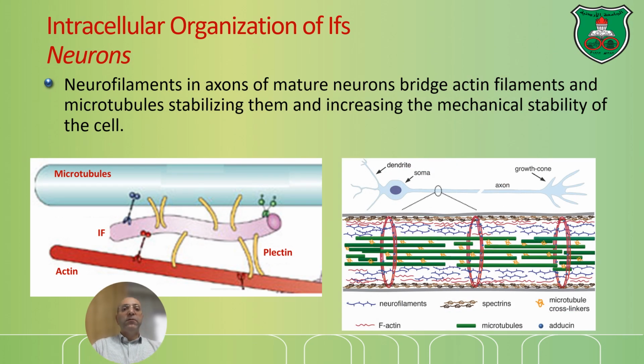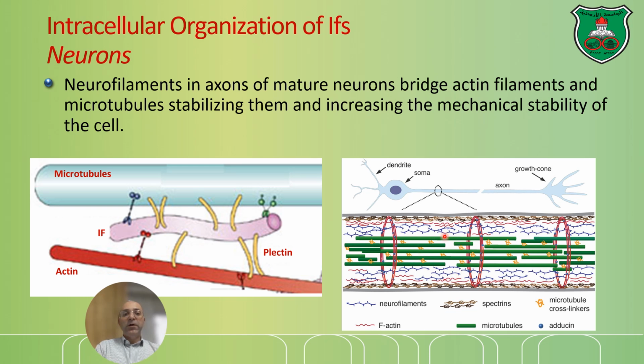Now, in neurons, intermediate filaments are very important. And what they do is that they connect the microtubules to the actin filaments. So you have this intermediate filament, like plectin, for example, in neurons, and they support the microtubules and the actin cytoskeleton. So if we look here, for example, we notice that the actin filaments exist nearby the plasma membrane of nerve cells. Microtubules are these thick green filaments in the axons.